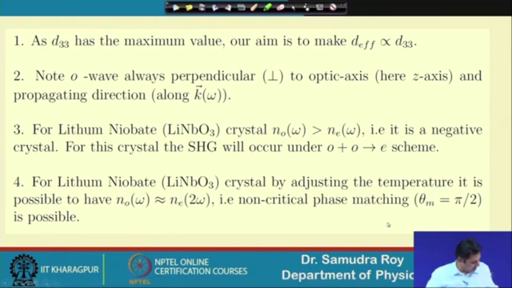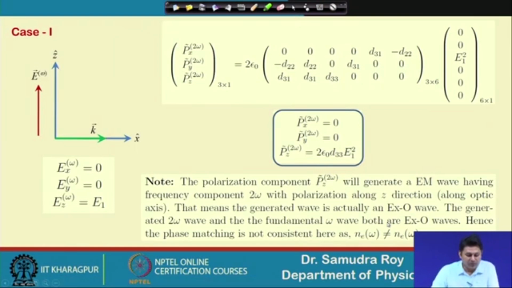Next we will try to understand second harmonic generation in two different cases, like we have done for the KDP crystal. Here, in the first case the electric field is in the z direction. The electric field along z is perpendicular to k, because k is along the x direction.